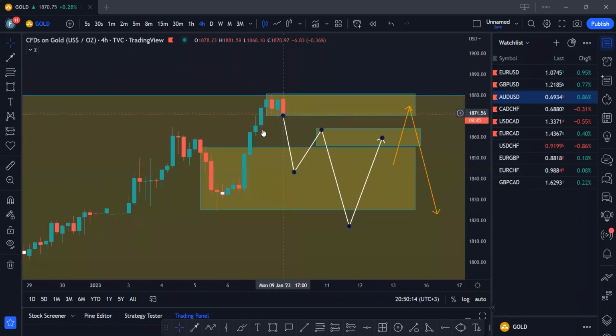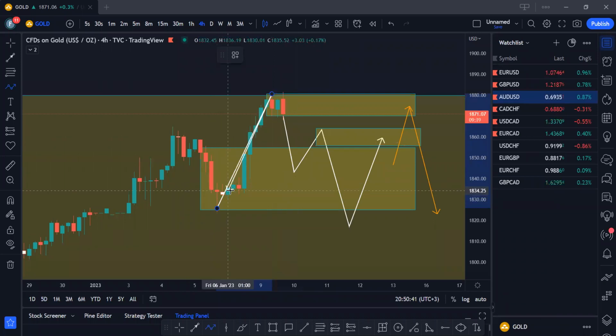Personally, I wouldn't touch gold right now because it's in a very sensitive area. But if you're someone that is into risk, if you're an aggressive person, because ultimately order flow expectation, price has given us an impulsive move like so, and usually after an impulsive move you should see a retracement, and then we've seen a demand zone here.